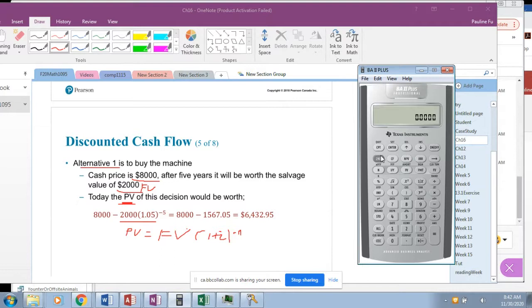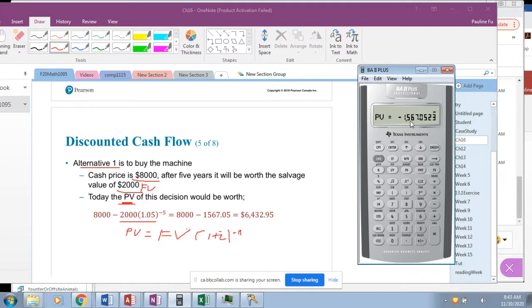When you use the calculator, PY is 1, CY is 1, and then the future value is 2000. 0 is PMT. 5 is interest. 5 is term N. Compute present value.